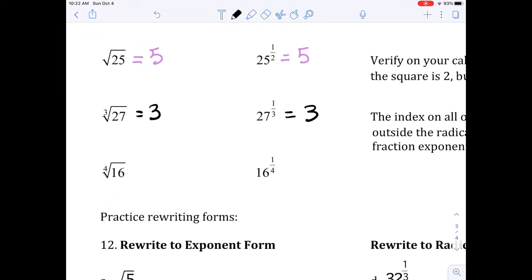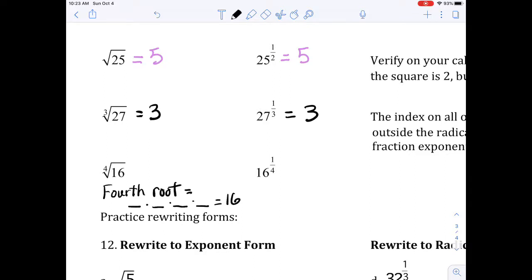And then the third example there has a 4 in the index. This is known as the fourth root. The fourth root of 16 means what number multiplied by itself 4 times is 16. That's what the fourth root means.